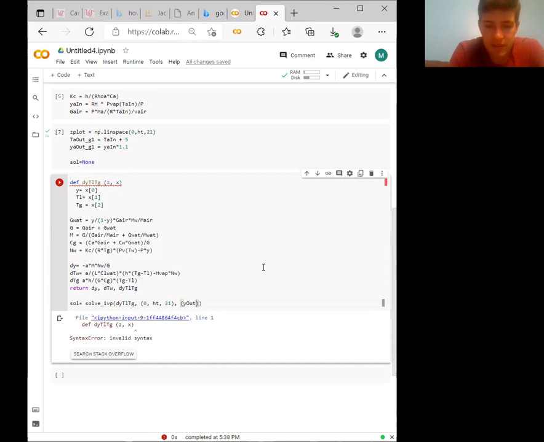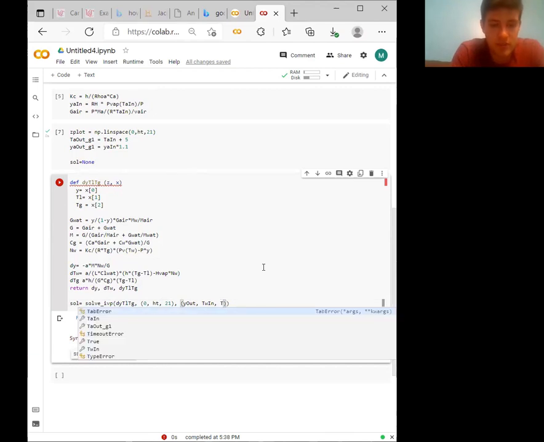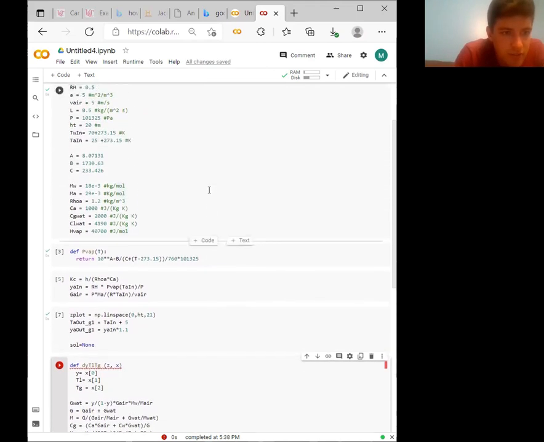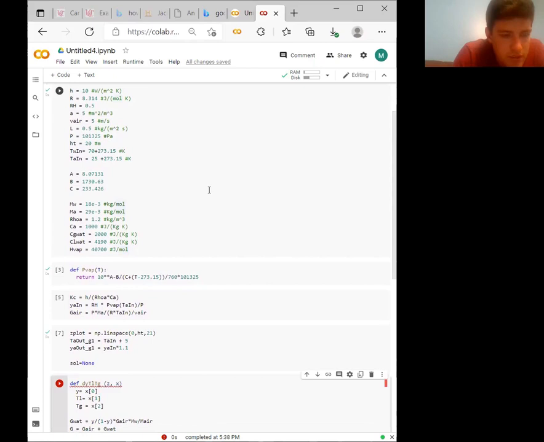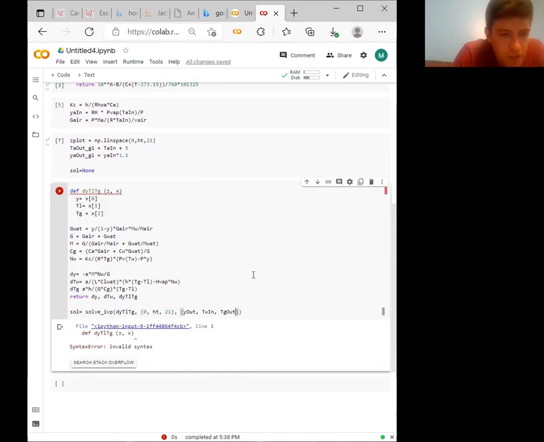And then the temperature of the water going in, and the temperature of the gas coming out. I want to make sure I have all my variables still. It's been a while. Okay, I think this should be right.